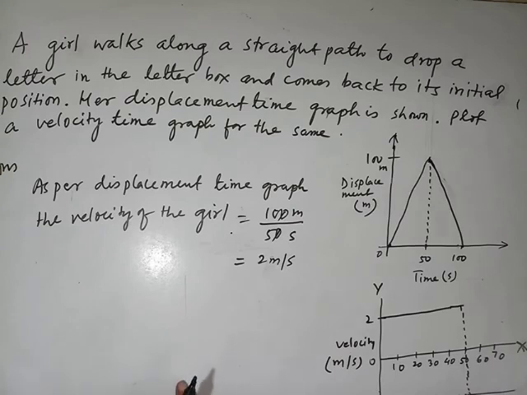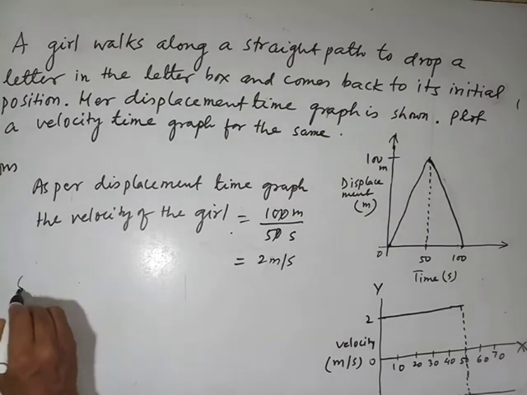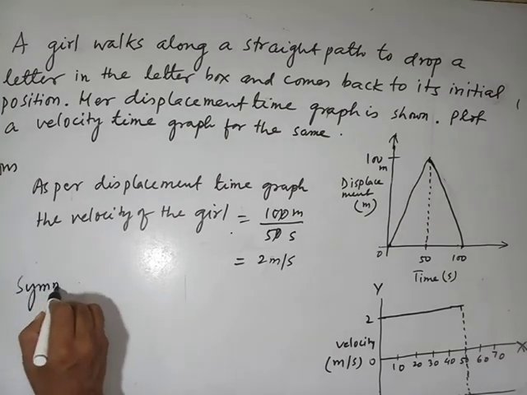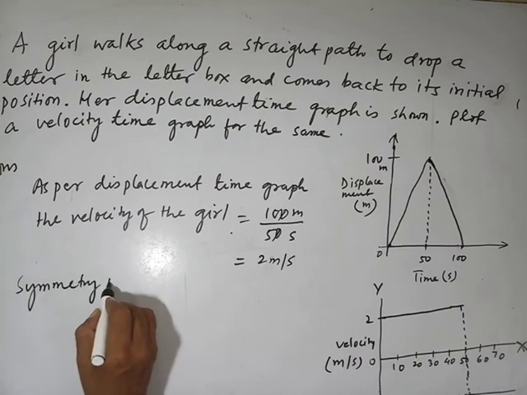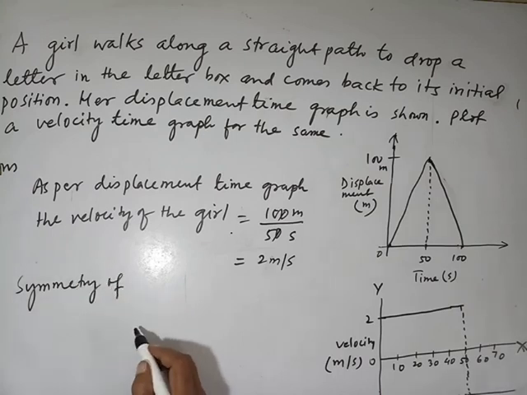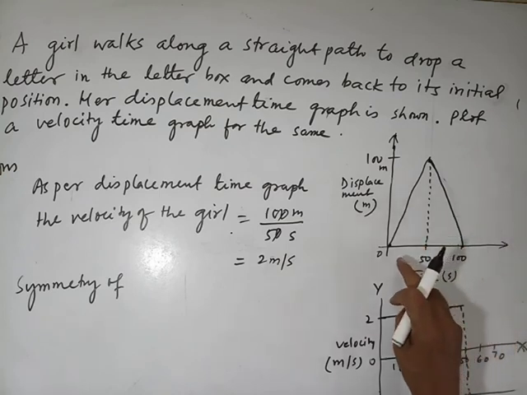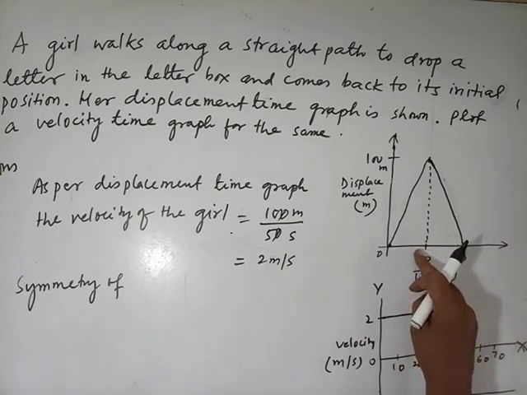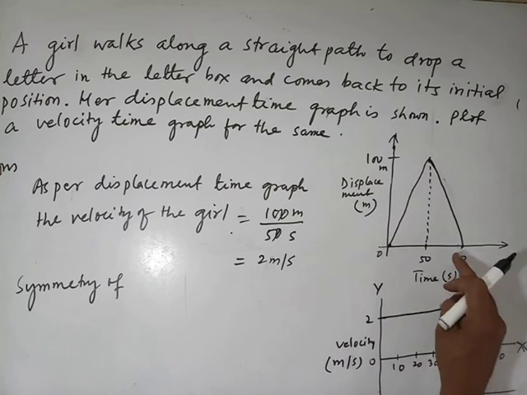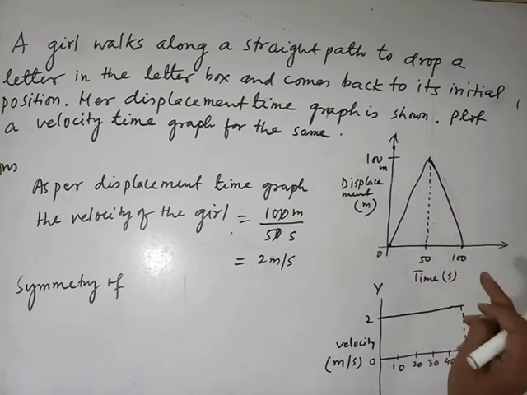Now the symmetry of the displacement time graph shows that it takes 50 seconds to go 100 meters and 50 seconds to come back to its original point.